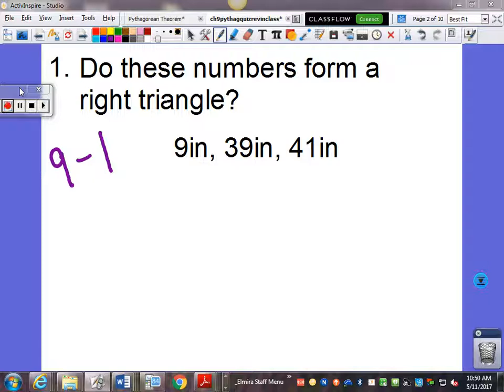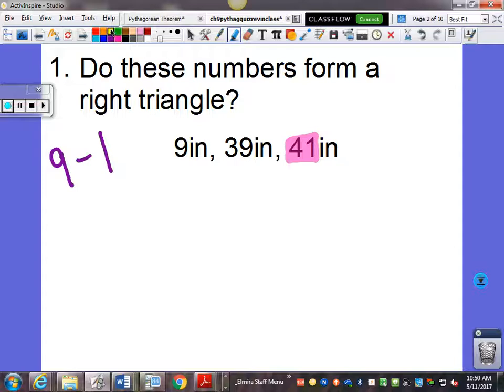Okay, we can take 3 sticks of different lengths and put them together and make an ordinary triangle, but only if we plug in the numbers to Pythagorean theorem and they work, is it a right triangle? Well, here's what I mean. So first of all, take your color highlighter that's not yellow and search out of these 3 numbers which one is the biggest. So 41 is the biggest.